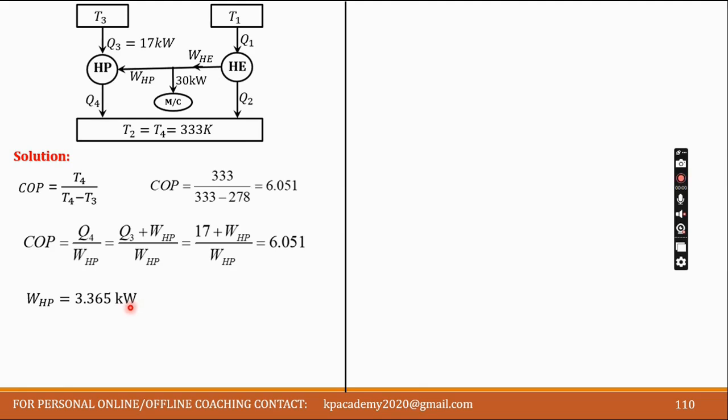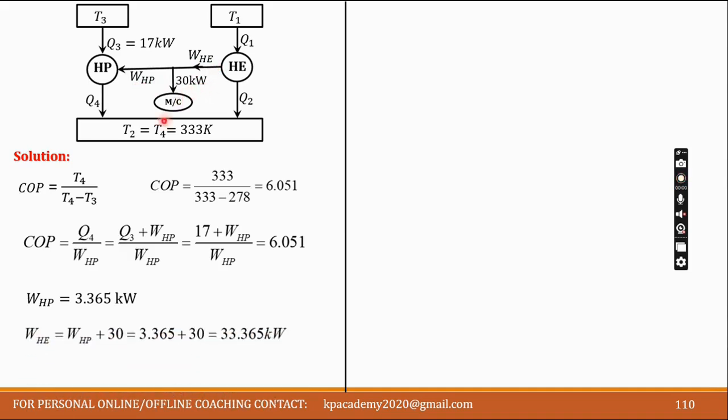Now if I put the value of this WHP in the relation, whatever the work output given by the heat engine is, part of it is given to the heat pump and some amount of that is given to the machine. The amount of work output given to the machine is 30 kilowatt, that is given. So we can write that WHE is equal to WHP plus 30 kilowatt.